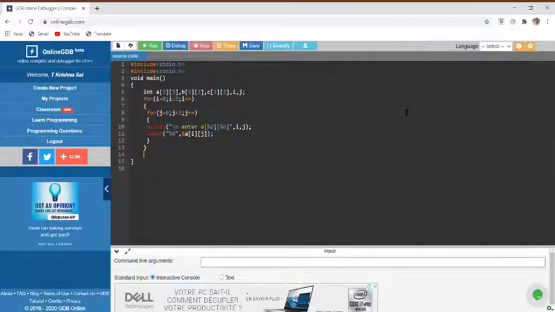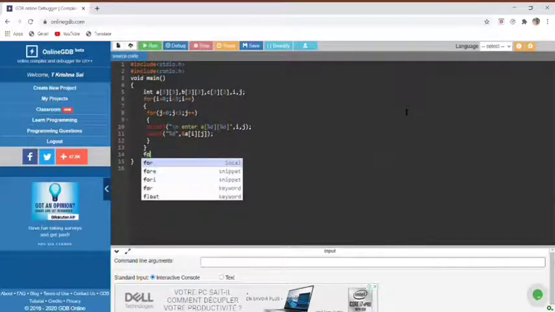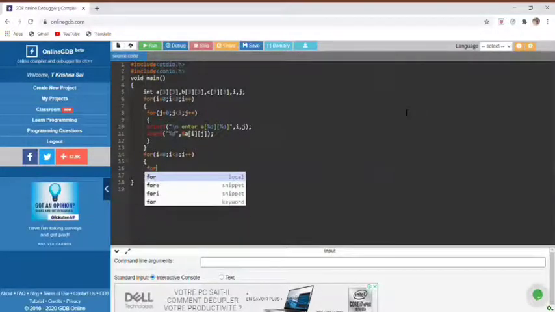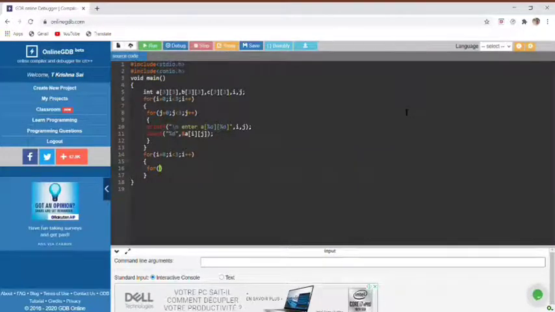This should be written for the B matrix also. This is only to read the A matrix. To read the B matrix, the same should be entered for the B matrix. So, i equal to 0, i less than 3, i incremented. Here's another open brace, and so this is to read the columns. j is equal to 0, column j less than 3, j should be incremented.